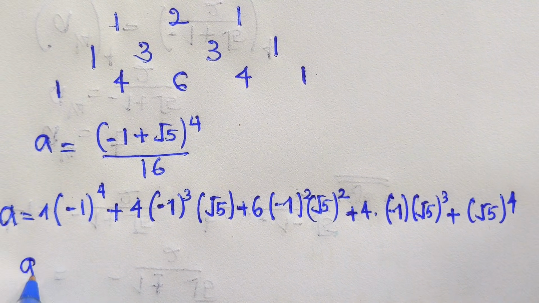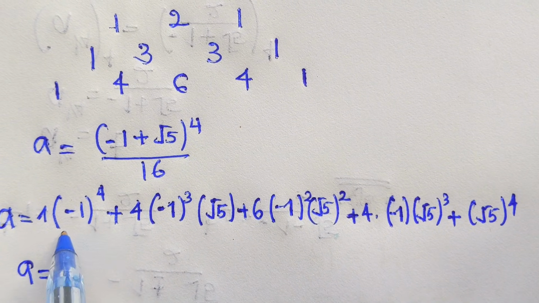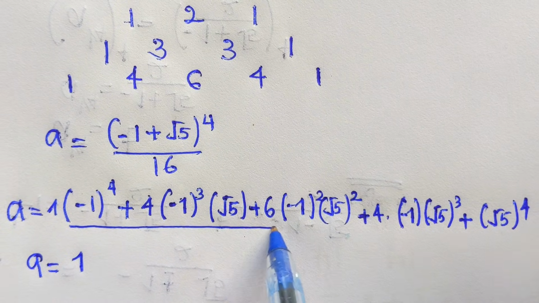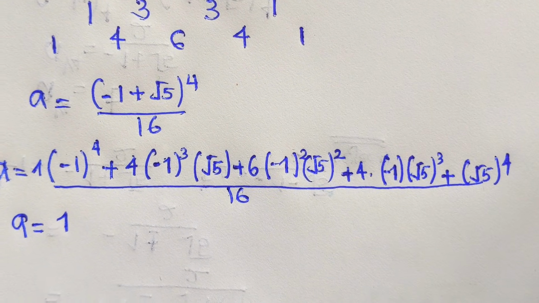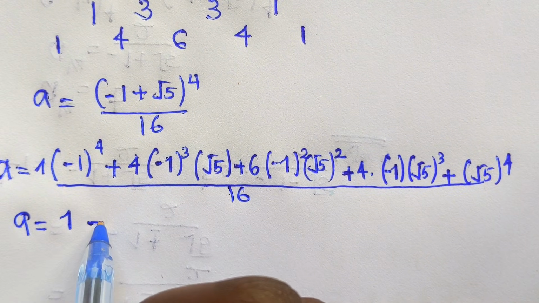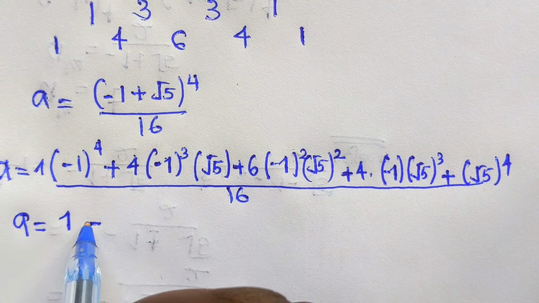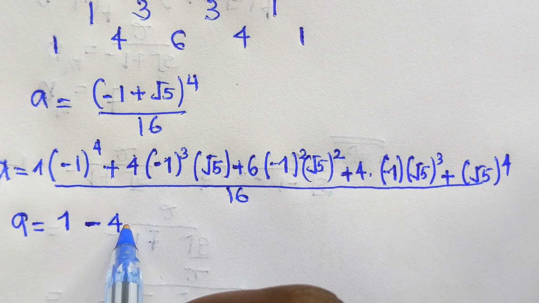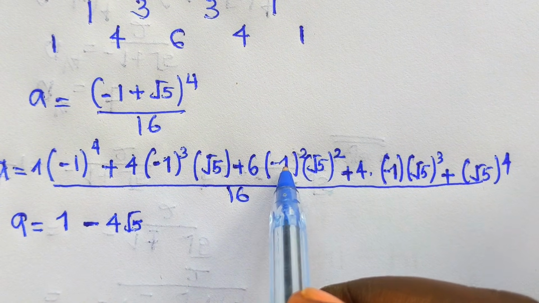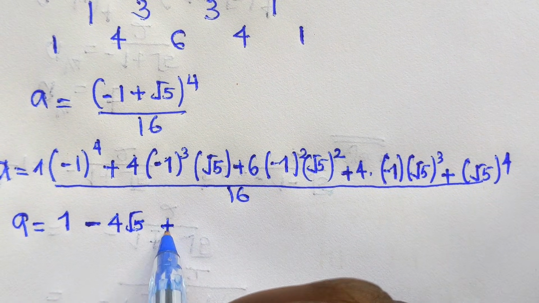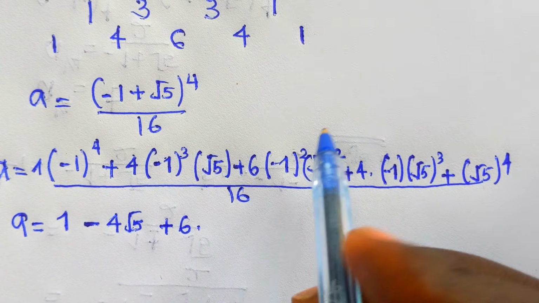And of course a will be negative 1 power 4, that is 1, but don't forget that we have 16 down here. Here we get plus negative 1 cubed, that is negative 4 times square root of 5, and negative 1 squared brings plus 6 times square root of 5 squared, which is 5.